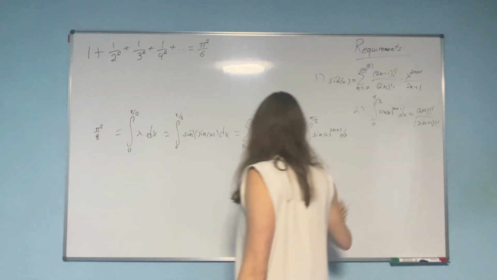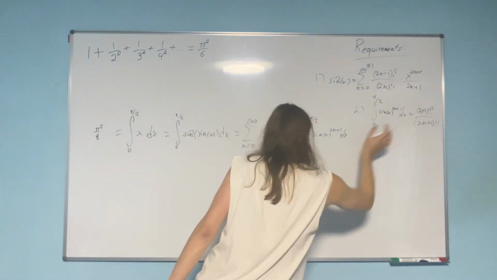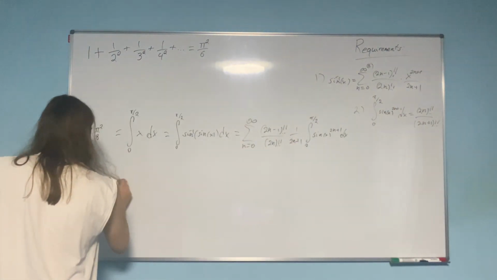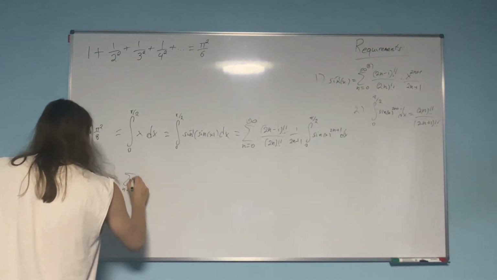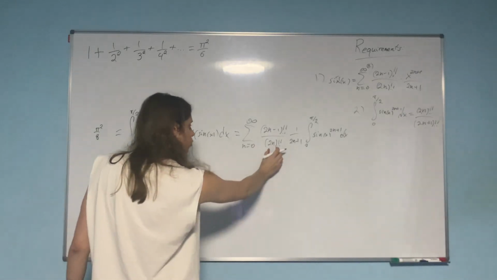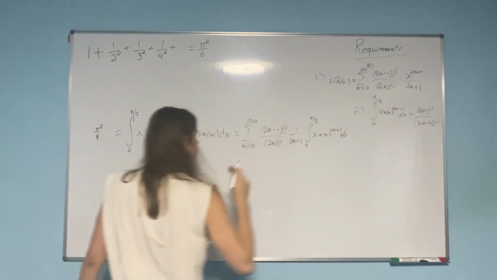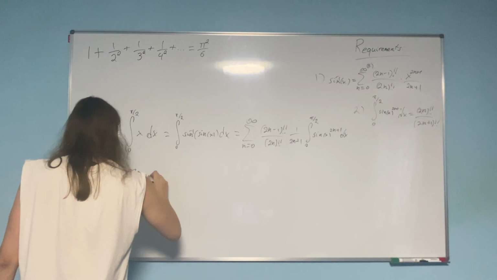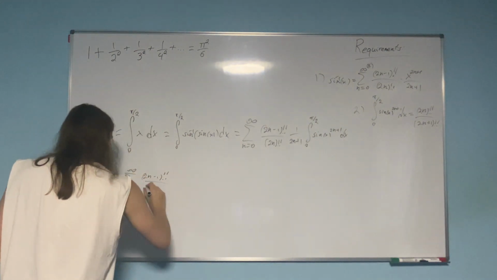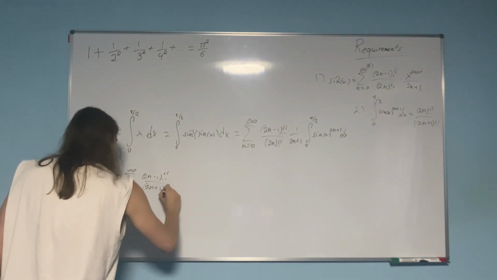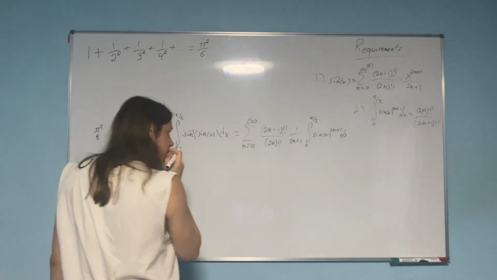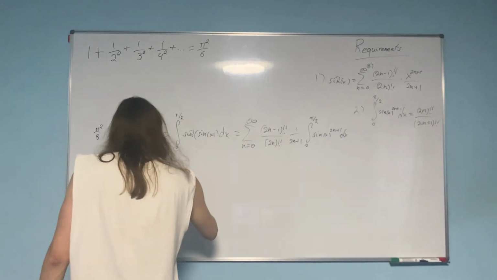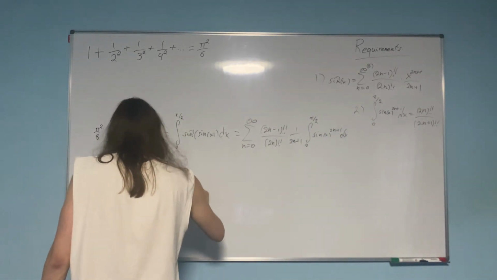And if we have this, placing this here, the 2n double factorials cancel. We got 2n minus 1 double factorial over 2n plus 1 double factorial, and a 1 over 2n plus 1.